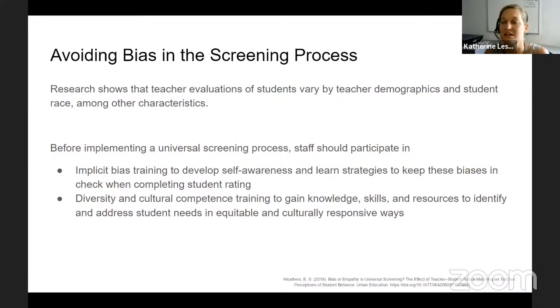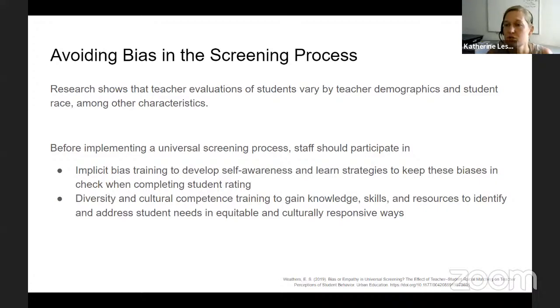Thinking about the reputation of a particular student, or if they have a younger sibling coming up, thinking, oh, this particular family has caused problems. And so if there's a rating for this student, there's the opportunity for the teachers to over-identify or under-identify specific students.